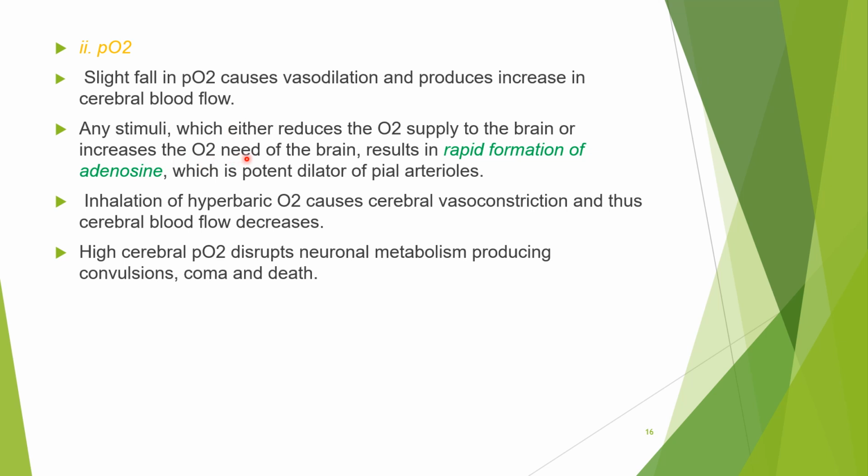Any stimulus which either reduces the oxygen supply to the brain or increases the oxygen need of the brain results in rapid formation of adenosine. It is a potent dilator of the cerebral arterioles. So if carbon dioxide is increased, H plus is formed, causing vasodilatation. If oxygen is consumed more, it leads to the formation of adenosine, which will dilate the arterioles.